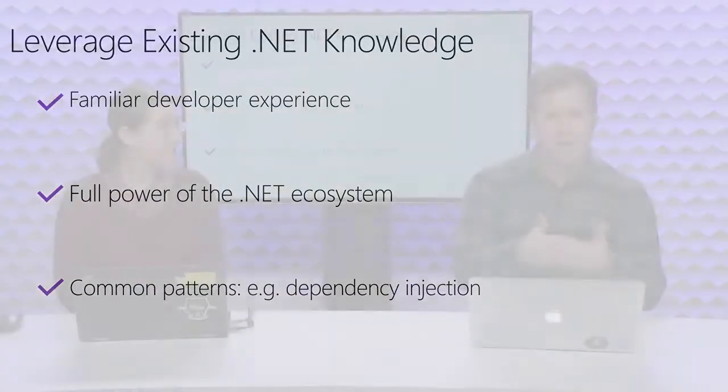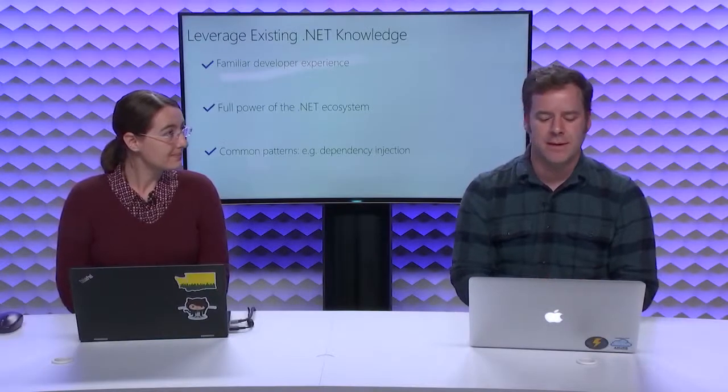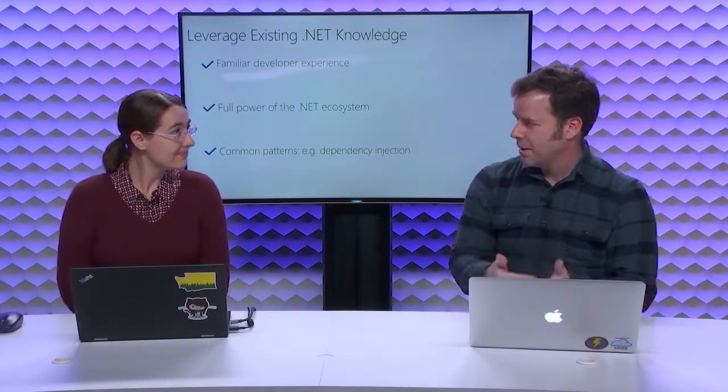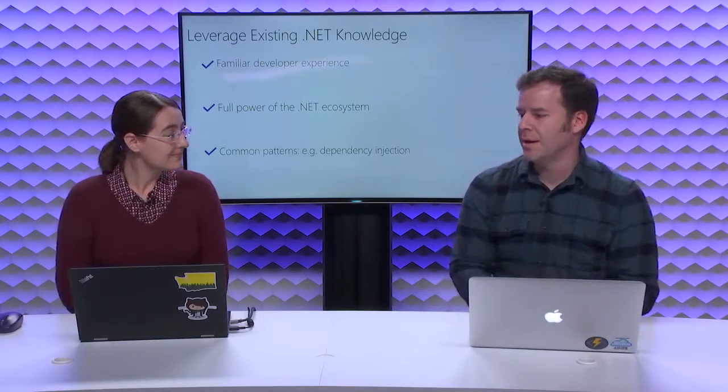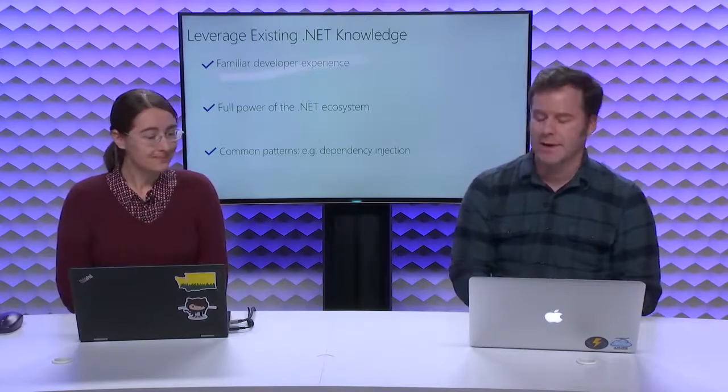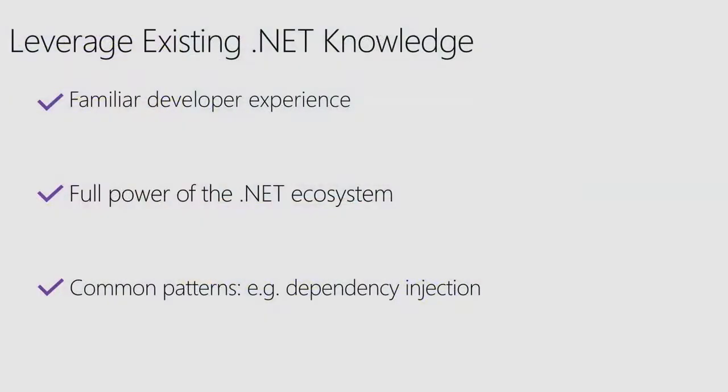So you get the same kind of benefits that you get from Blazor in functions. That familiar development experience, you have the ability to use Visual Studio as your primary IDE, the .NET tooling. This is running on top of .NET Core.